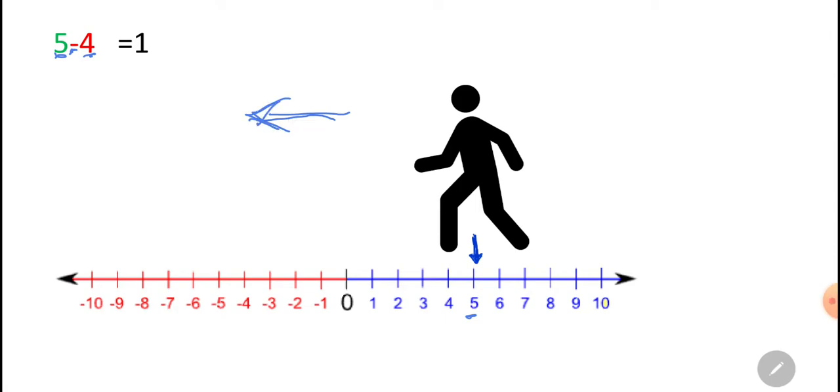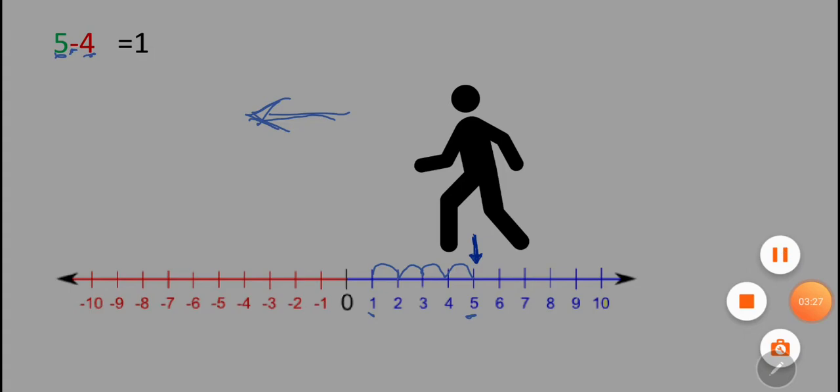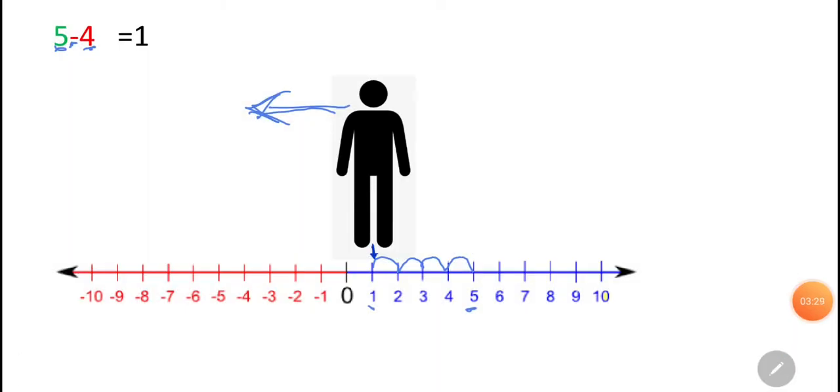And then because it's positive 4, he's going to go 4 steps forward in that direction. 1, 2, 3, and 4. So he'll end up at 1, like so. So using the number line, 5 take away 4 is equal to 1.